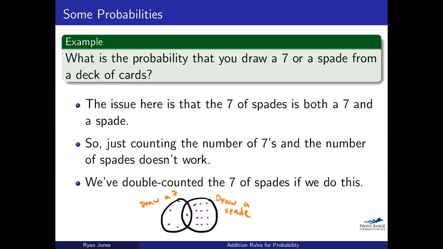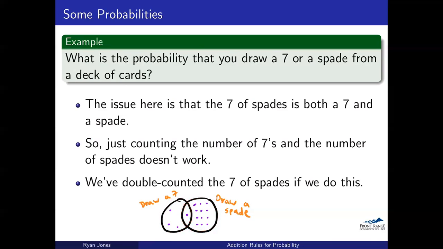This is what we've talked about before with sets, an intersection. And we've seen before that if we want to find the number of elements in a union, we can count how many are here, and also count how many are here, but then subtract off the extra that we've double counted in the middle.